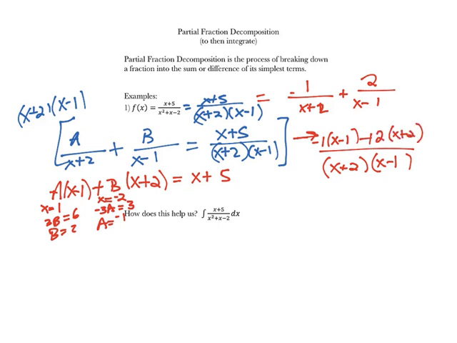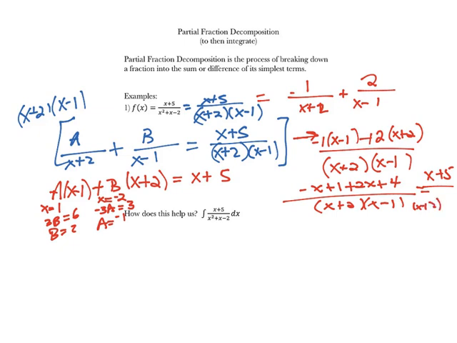So when I multiply out, I get negative x plus 1 plus 2x plus 4 over x plus 2 times x minus 1, which is x plus 5 over x plus 2 times x minus 1. So all I did was find the components that the fraction x plus 5 over x squared plus x minus 2 broke up into.